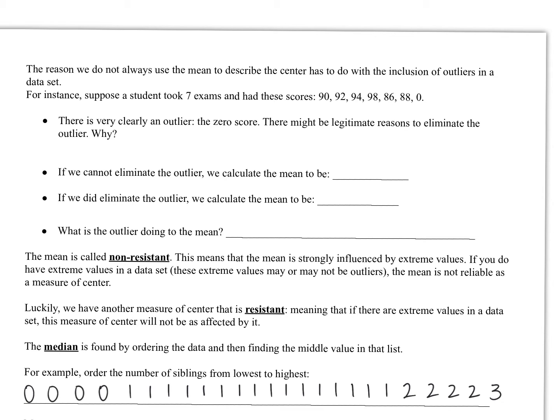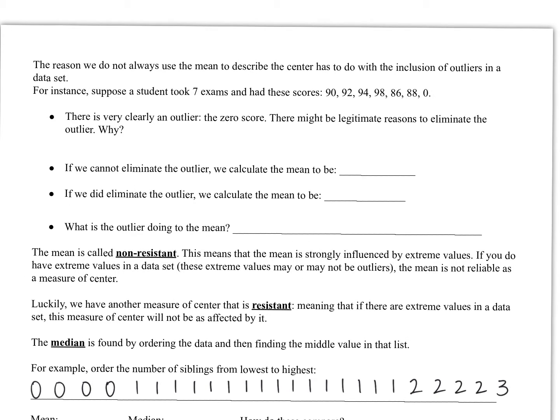Now obviously there is a very clear outlier here, the 0. There might be a legitimate reason to eliminate the outlier, one of those being that maybe the student was absent the day of the test. So currently they do have a 0, but the next day they come to school, they take the test. Hopefully, it's in line to similar scores they've received.